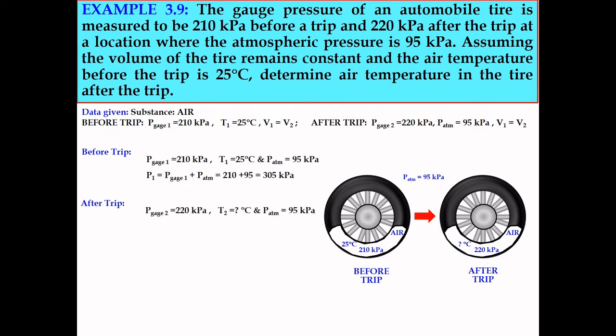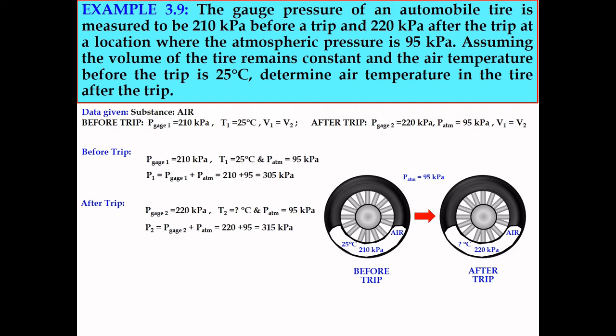For the after trip condition, P gauge 2 equal to 220 kPa, T2 we don't know, because the question asks you to determine T2, and P ATM is the same as the P ATM for the before trip condition, which is 95 kPa.